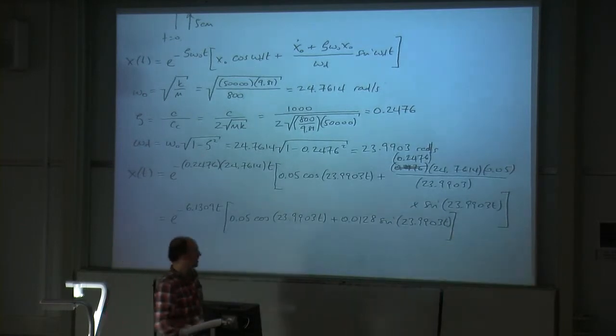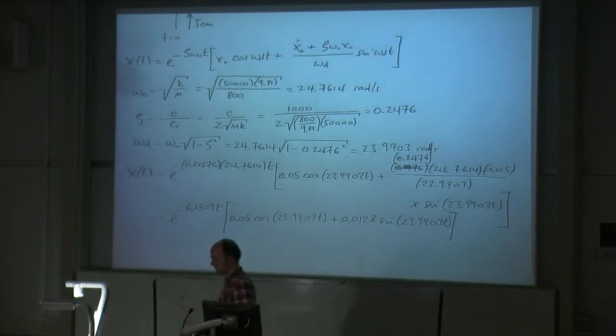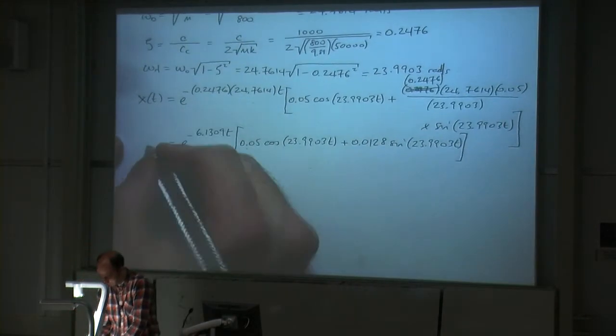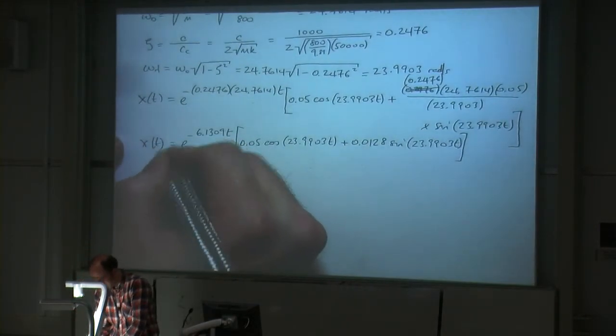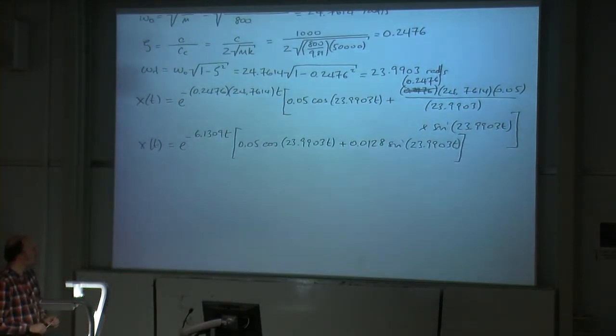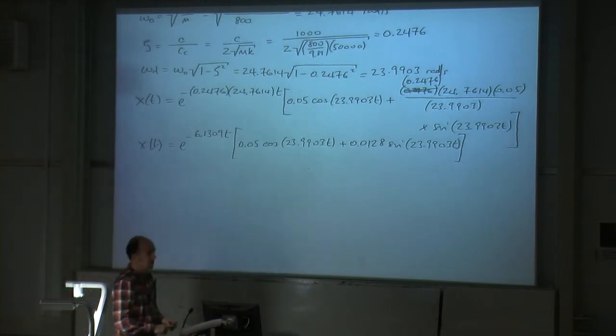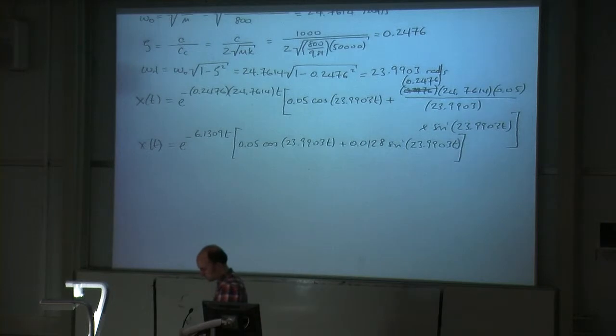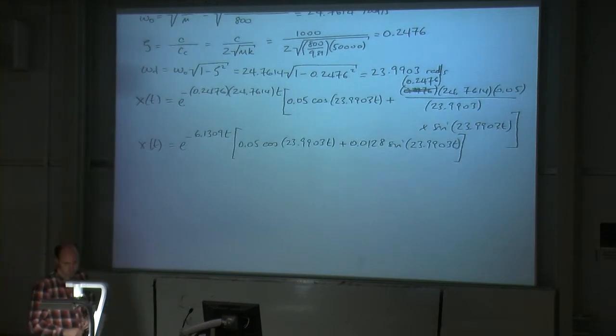Okay, so there's the solution. That's the answer. That's the motion of the bicycle and the boy after it goes over that curb. And you can see that it's a sinusoidal motion that decays with time. Free oscillation.